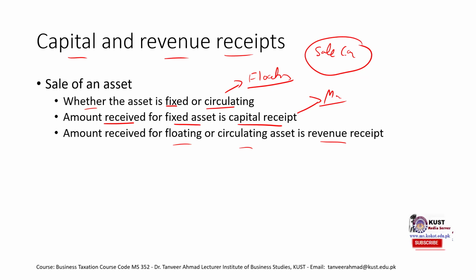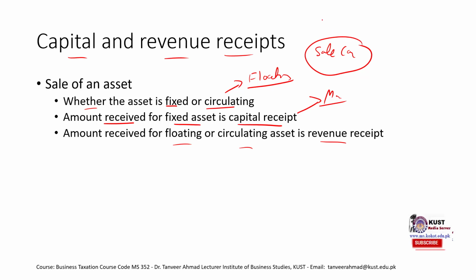It would be called a floating asset sale, and the reason is they initially bought it for the purpose of resale. They didn't buy it to keep it in the business, but rather for resale. That is the nature of their business. This is a floating asset, so on any revenue or amount received we would have to pay taxes. We would have to include them in our income statement as revenues and calculate taxes on them.